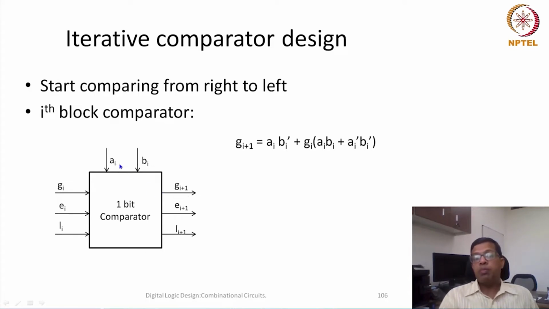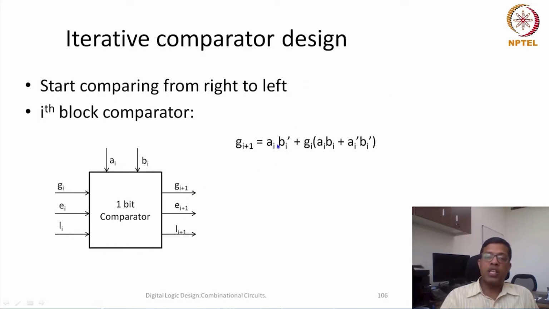My A would be bigger than B if it was already bigger and Ai and Bi both are the same, or it doesn't matter what the previous Gi value was, if Ai is more than Bi, then also Gi+1 would be 1.